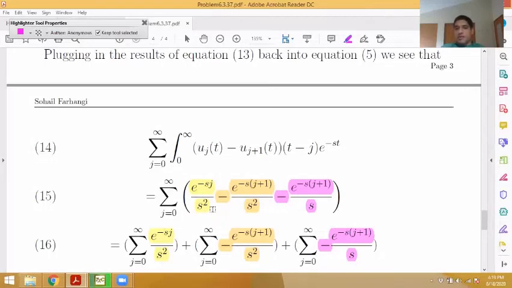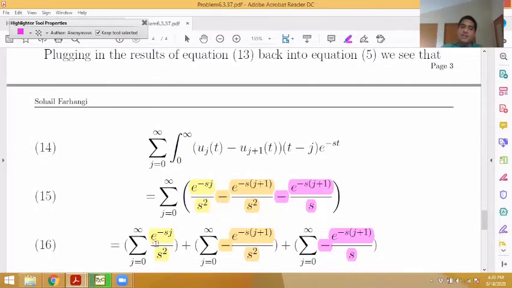And what's happening here is, in equation 15, I'm first adding up the yellow term to the orange term to the purple term, and then I'm taking an infinite sum of each of those results. In equation 16, I'm just changing the order in which things are happening.